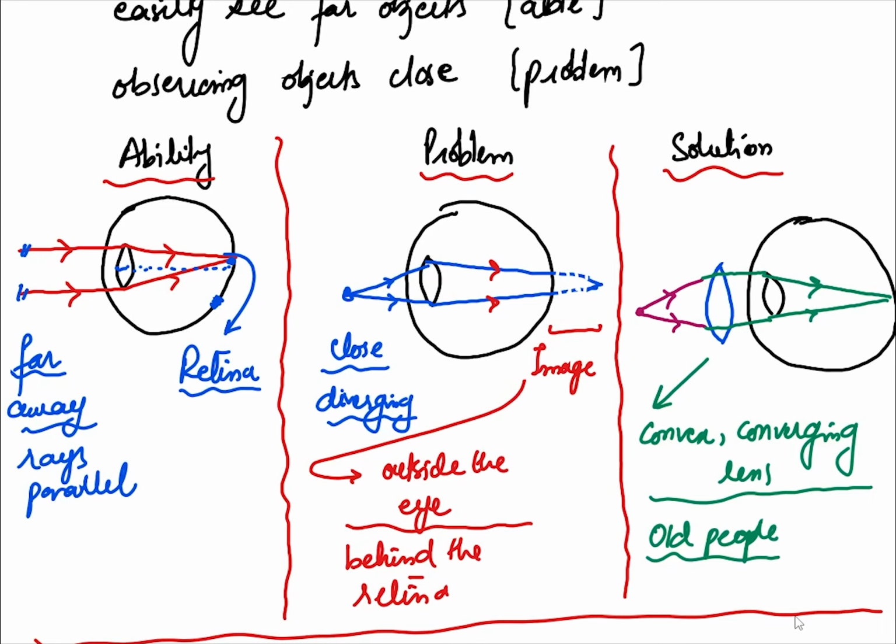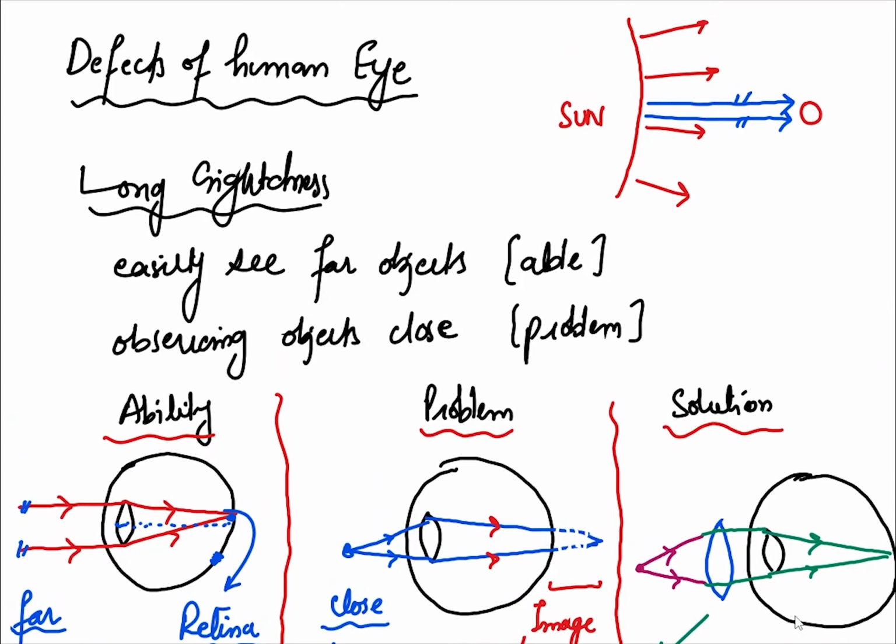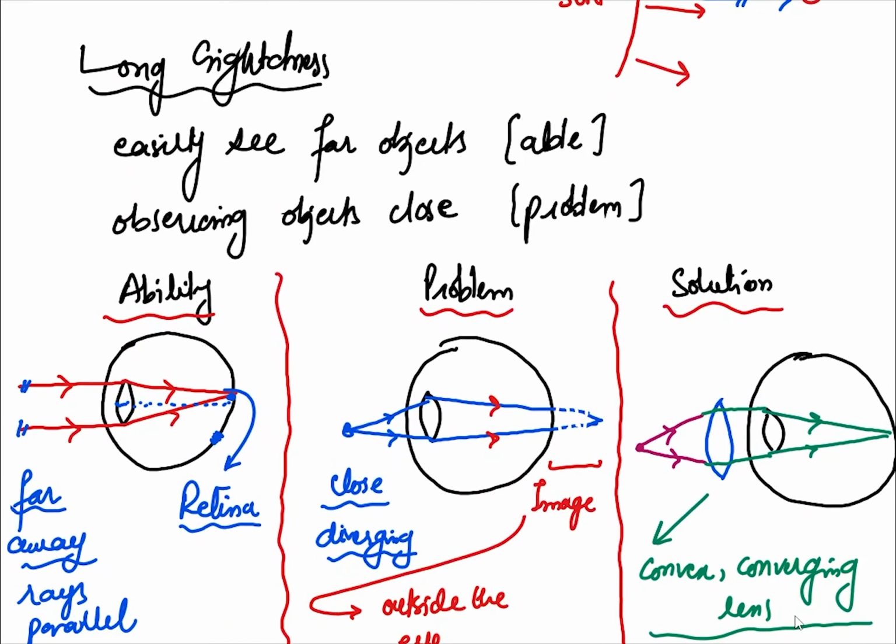But when they are about to study something, when they're about to look at their phones, when they're about to look at something at very close distance, this is the diagram that they're actually experiencing at those instants, and they can't do that. So this is the problem that they face, and when you do give them the reading glasses, this is the lens that is installed in those reading glasses, which enables them to see a little bit better. Okay, so this is what a long-sighted person goes through, and this is all the mechanism for it.